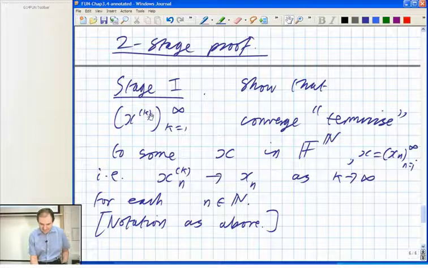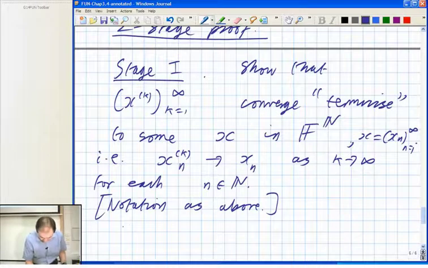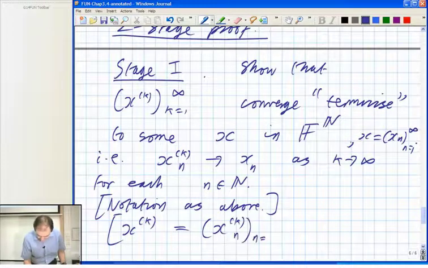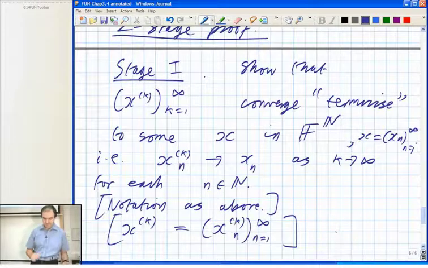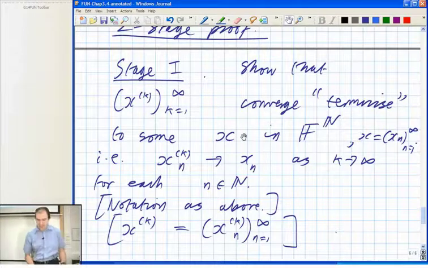And these x^(k)_n's, so the x^(k), remember, each x^(k) is a sequence, so x^(k) is equal to (x^(k)_n), where n runs from 1 to infinity. So this is the notation I'm using here. If x is a sequence, it will have terms x_n.